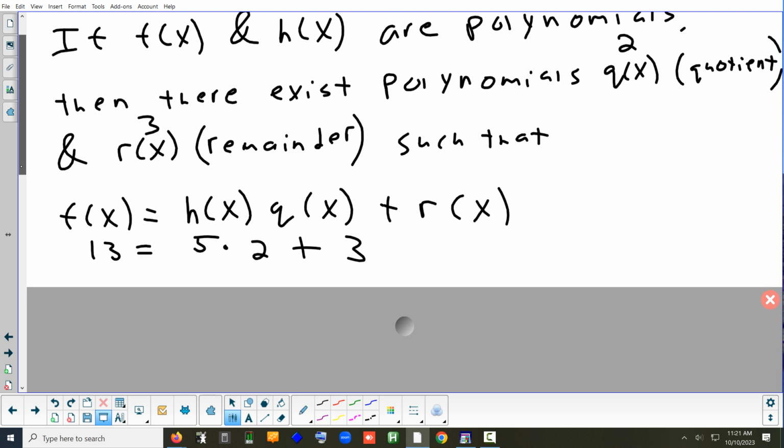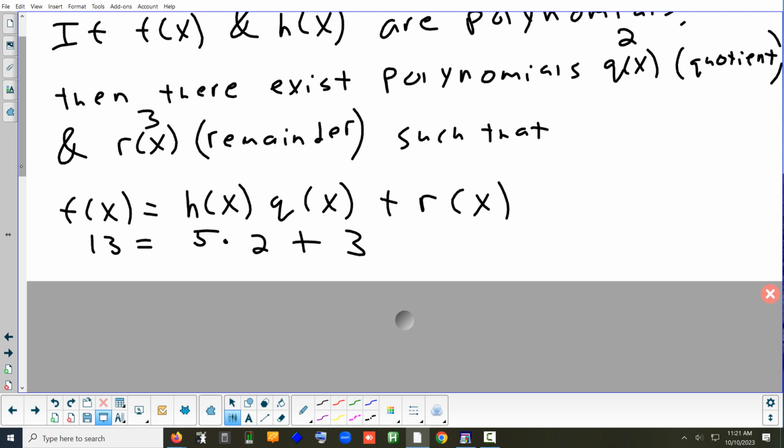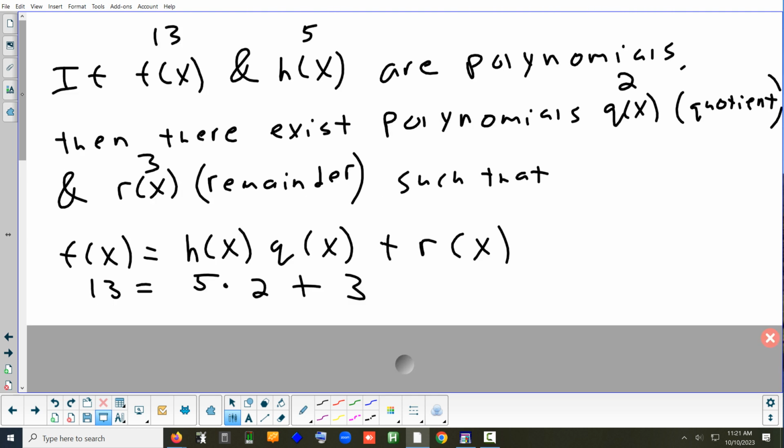Would you never happen to divide and then get no remainder? You could, yeah. Like, let's say instead of these numbers, you did 14 and 7. It would still work. If you take 14 and divide by 7, the quotient in this case would be 2, and the remainder is 0.